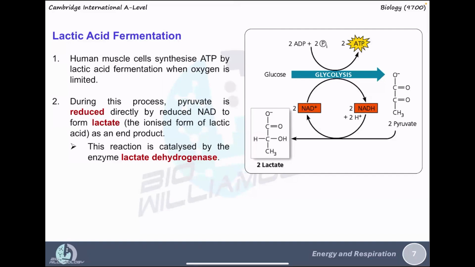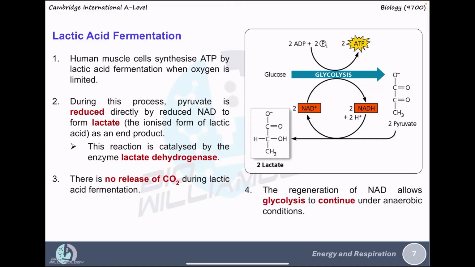With the presence of NAD, glycolysis can continue. Compared to the alcoholic fermentation pathway, there's no release of CO2 during lactic acid fermentation. And as we know, the regeneration of NAD allows glycolysis to continue under anaerobic conditions.